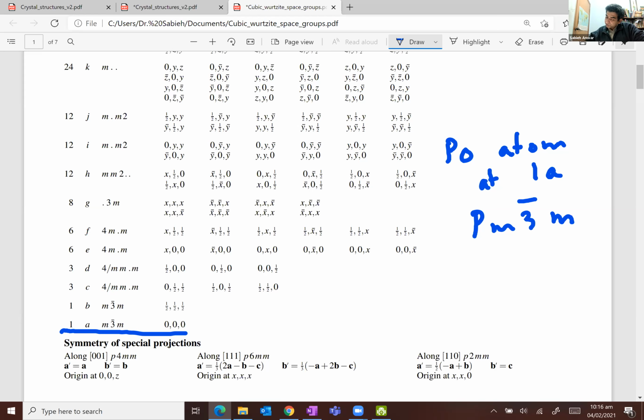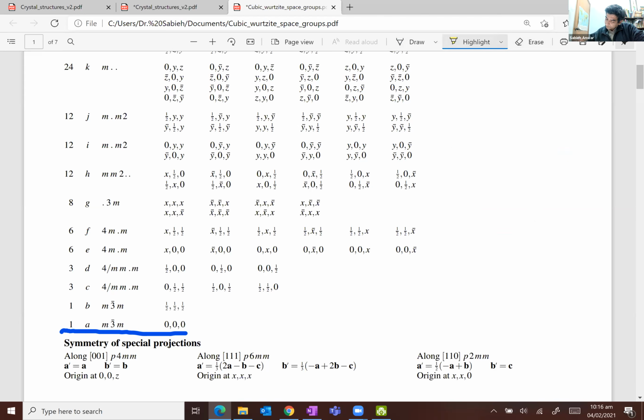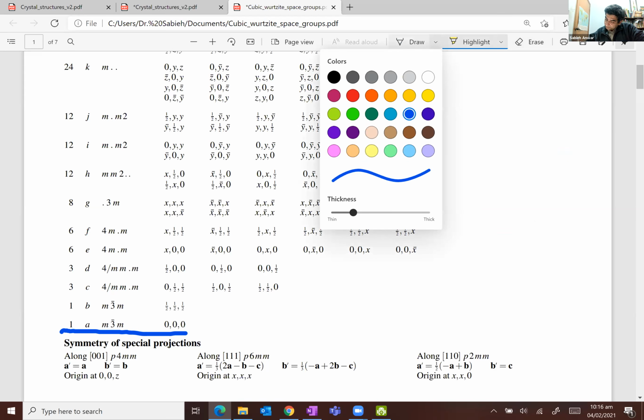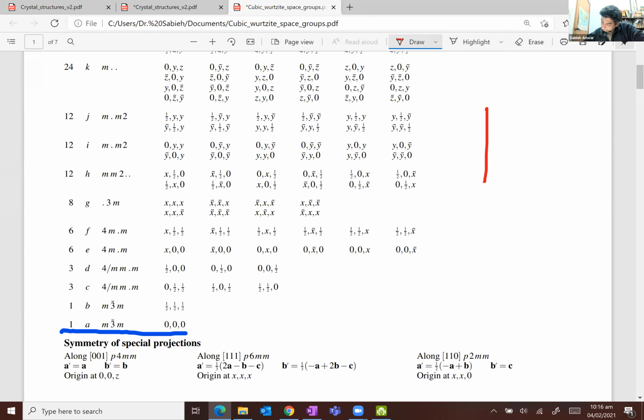If you look at cesium chloride on the other hand, by the way, there's a M 3 bar M, so it's a cubic structure.